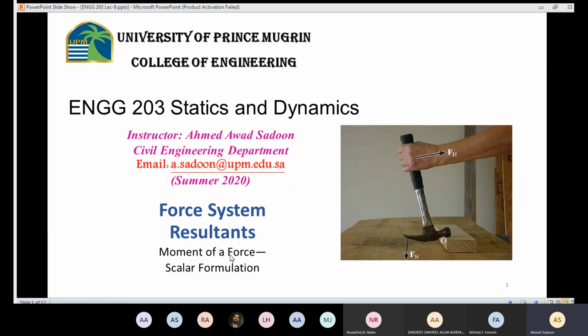It's a crucial concept. We are going to find it a lot in this course, and also in the advanced courses you are going to deal with the moment of a force. So today make sure that you totally understand what is meant by a moment of a force.